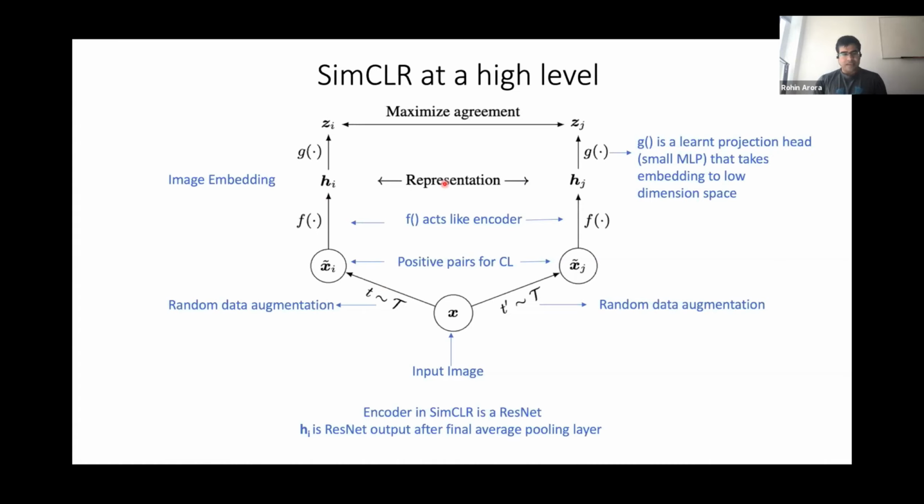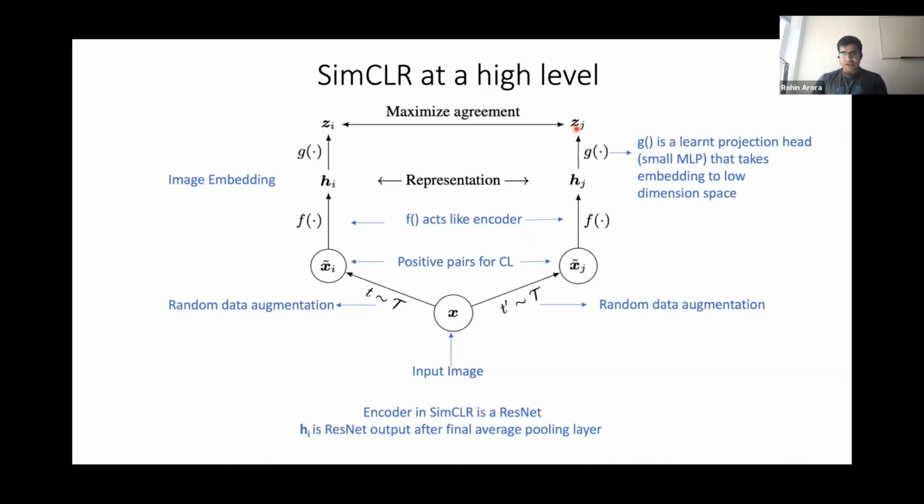It can be a 128 or 256 dimensional vector. That is your latent space representation. And on top of that, you put an MLP, which is the g function. Basically, it's just trying to transform that latent space into another smaller representation, which is Zi and Zj.